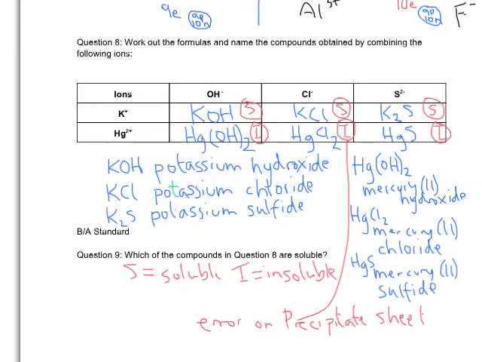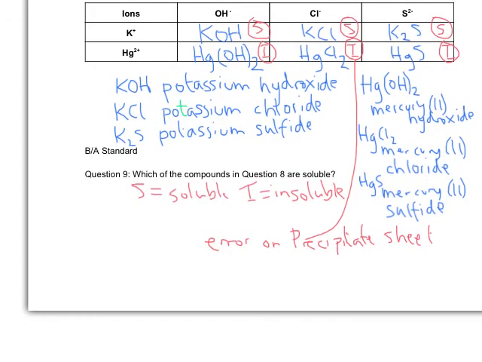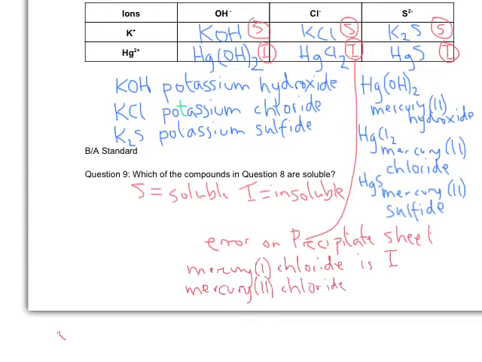So if we're technically correct, mercury 1 chloride is insoluble, but mercury 2 chloride is soluble.